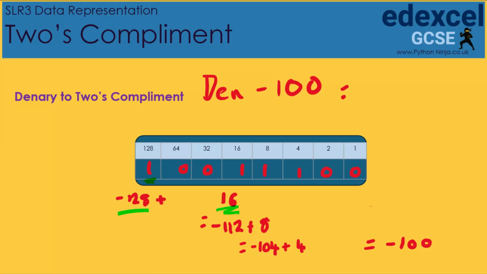And then we added 16, so minus 128 plus 16 is minus 112, and we needed to add 8 to that, which gave us minus 104, and then we added 4 to that, which gave us minus 100. So the answer was correct. That is indeed the 2's complement signed integer 8-digit number representing denary minus 100.